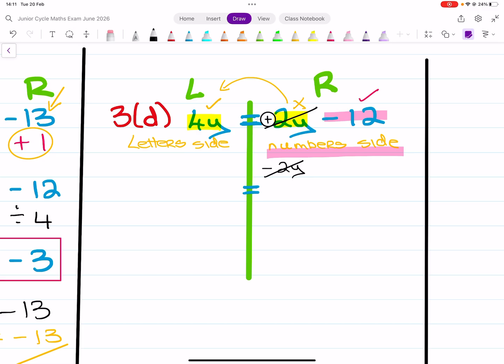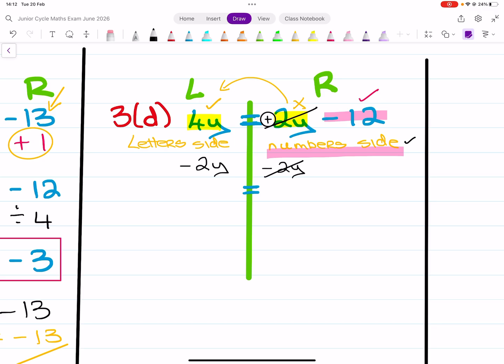But like I said yesterday, with balance, if I -2y on the right, I have to balance that out and -2y on the left. And now I have done exactly what I wanted to do. I have gotten rid of the 2y from the right-hand side, which was the numbers side, and I've moved it over and now it's sitting over here on the letter side.